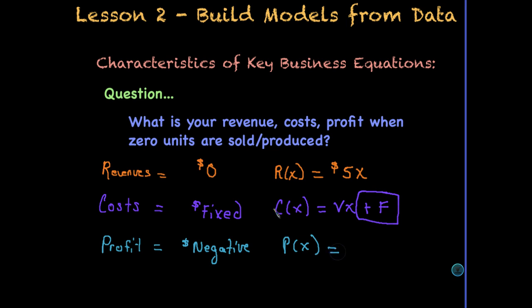So if we sketch this out, we could say that our profit equation is really just our revenues minus our variable costs per unit, and then we have to subtract off our fixed costs. And that way we would have a negative profit if we sold and produced 0 units. Knowing this information, we can identify the different types of equations.